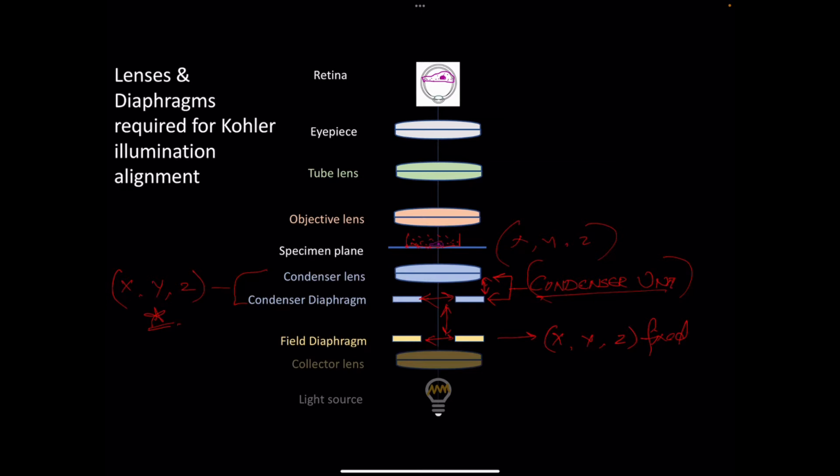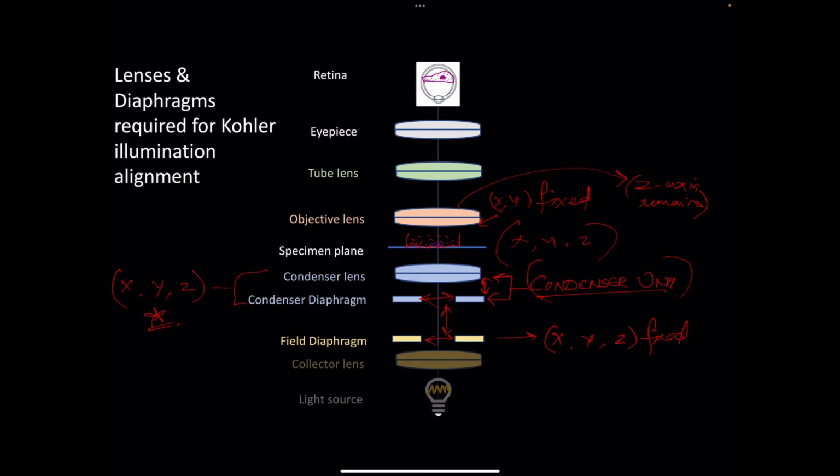Now comes the objective lens. We all know that the objective lens is fixed in its x and y. But the freedom of the objective lens in the z axis remains, which is basically what you do every time you put a new sample or change the objective lens.